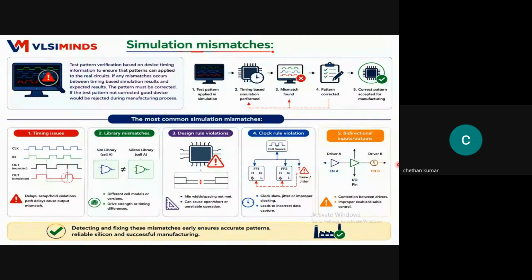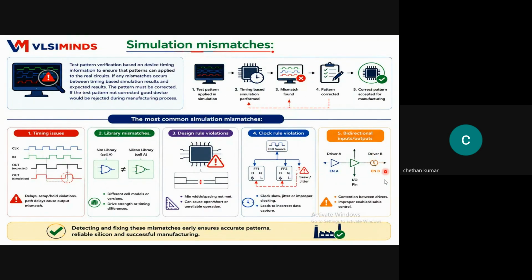And clock rule violations. That means some of the times the clocks which we are supposed to define may not be properly propagating to the particular clocks. Or some may be getting clocked or gated due to some other logic. In those cases also we get clock violations. That also may lead to mismatches.